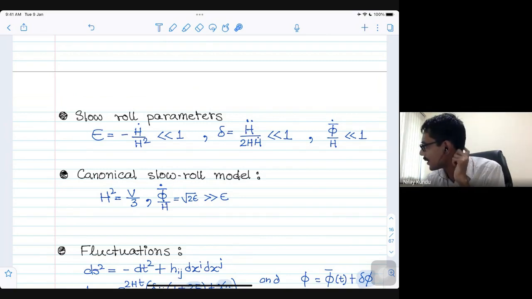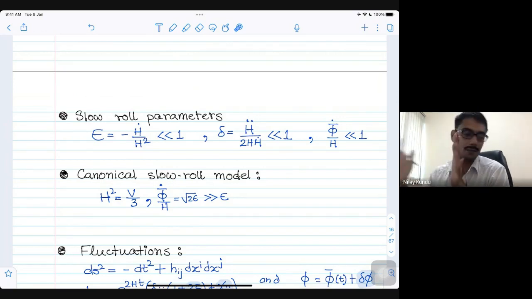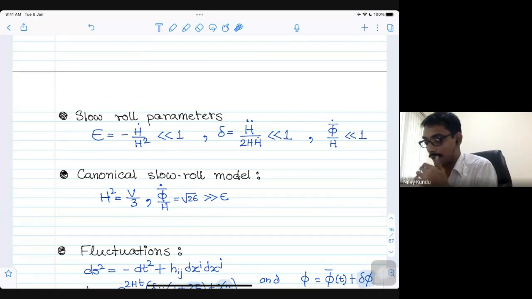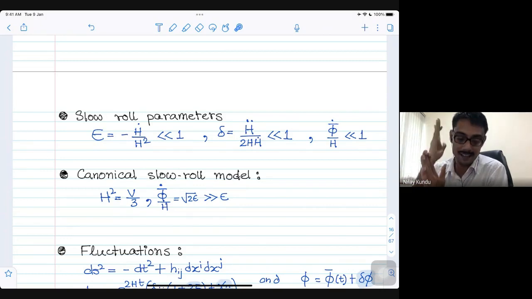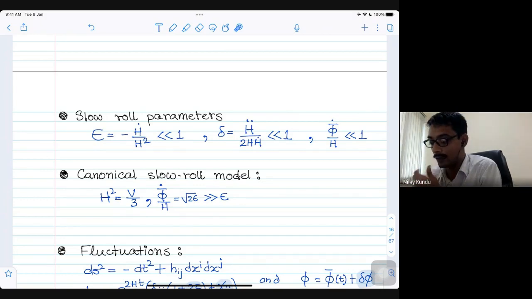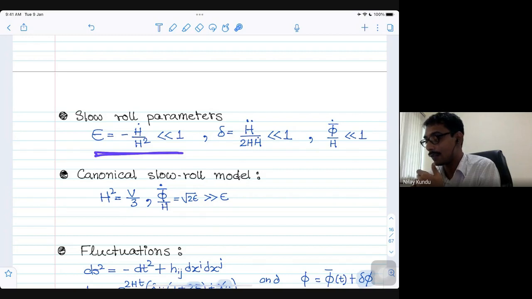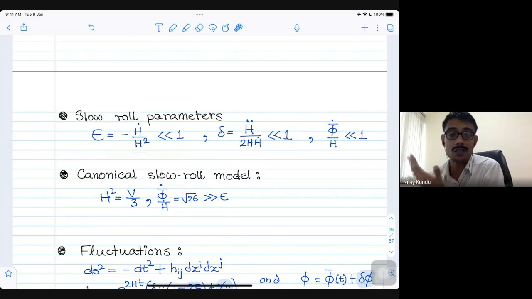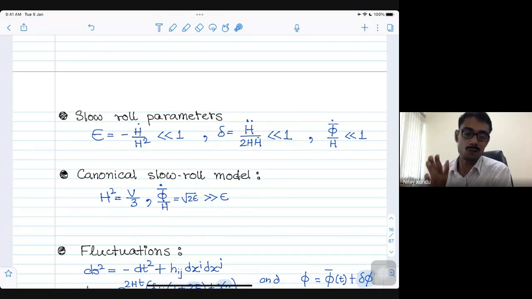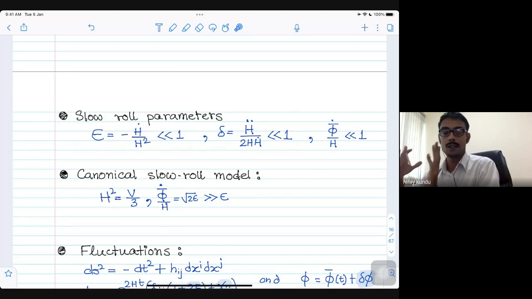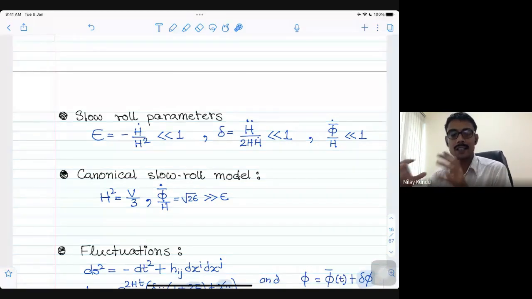And also probably what you are hinting towards, is there a sharp transition from the end of inflation to the standard model of particle physics? I would say there is no sharp transition where you can say that it ended at this point. All we can say is that there is a region for which these approximations will break, and then we have to move to a completely different description. That's why I'm saying this is a model, or this is an effective theory.